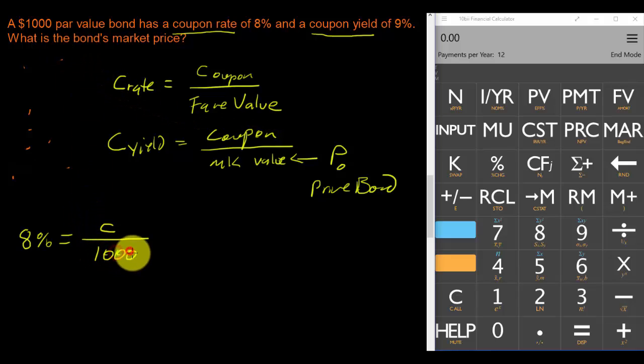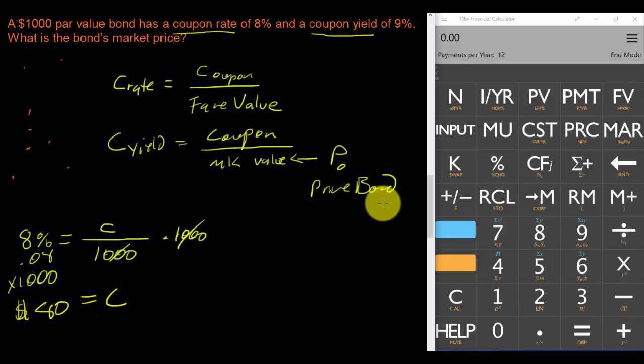I'm solving for the coupon here. 8% is the same as 0.08, so I multiply 0.08 times 1,000 by bringing this over to the other side, and I end up with $80 is equal to my coupon.